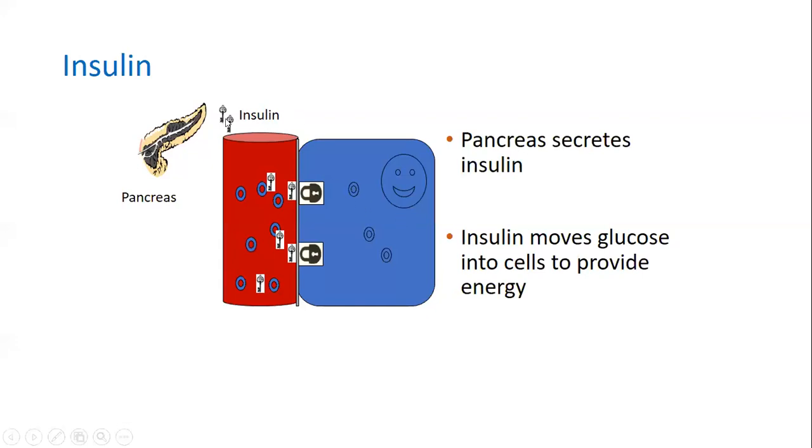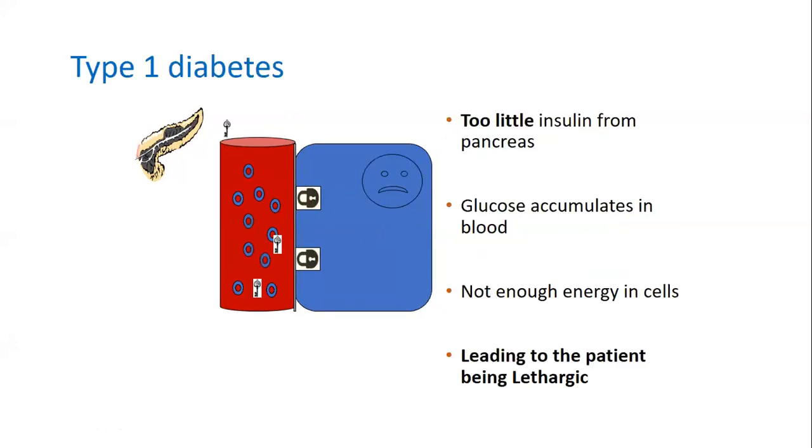So you have these keys, and you have these round things here, they are the glucose. So they are waiting for this padlock to open the door into the cell so that glucose can get into the cell and give it energy.